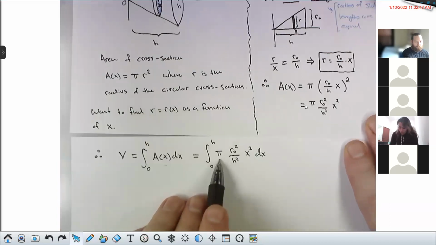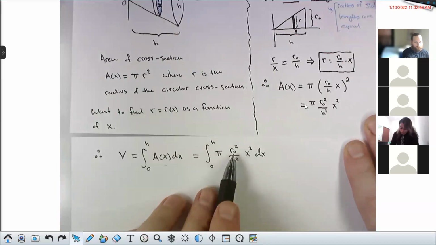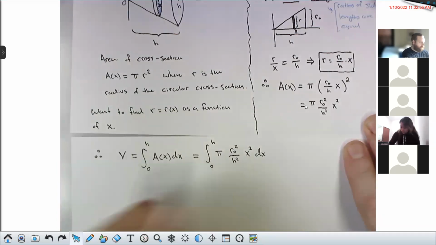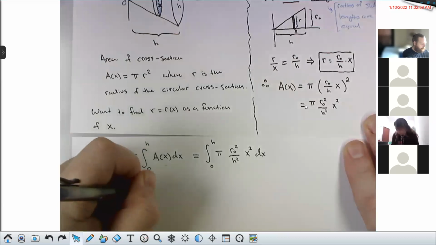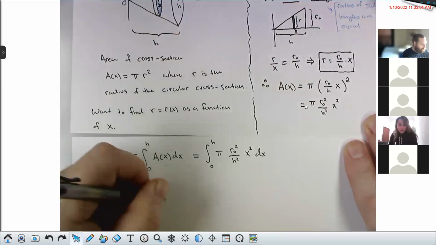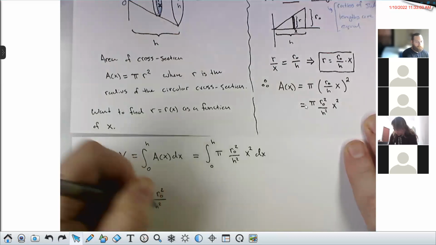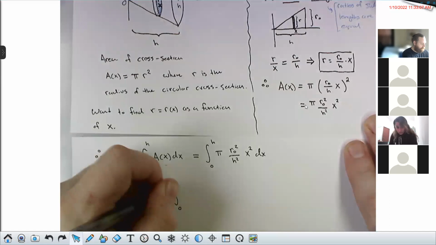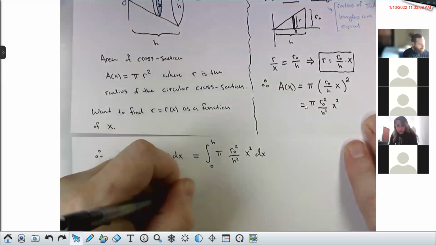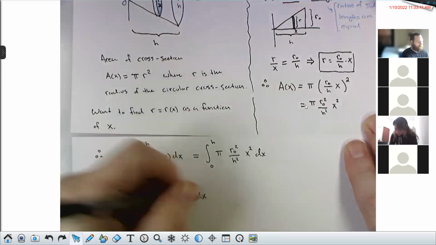Pi is definitely just a constant. R naught is the radius of the base of my cone. H is the height of my cone. The only thing that's a variable here is the x squared. So I can pop out pi R naught squared over H squared. And what's left is just the integral from 0 to H of x squared dx.